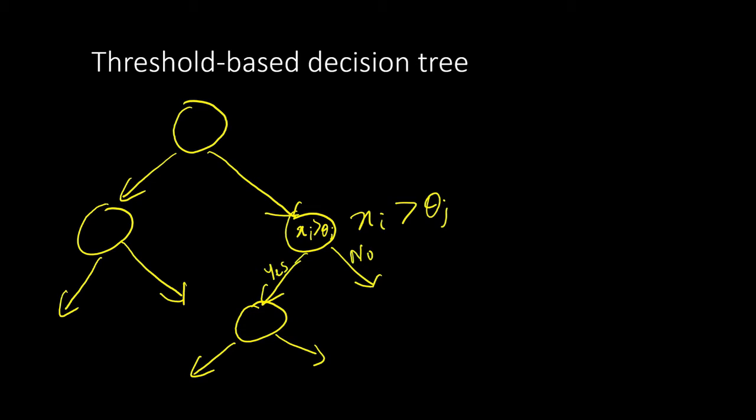So it's a binary decision at every node of the tree, whether it is a root node, any other internal node, or a leaf node. On the leaf node, we will give the decision.